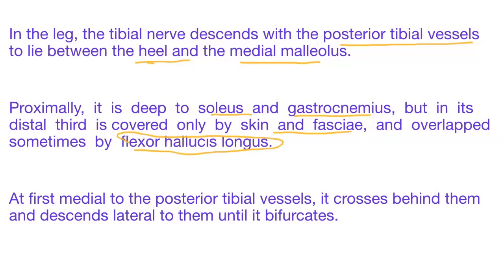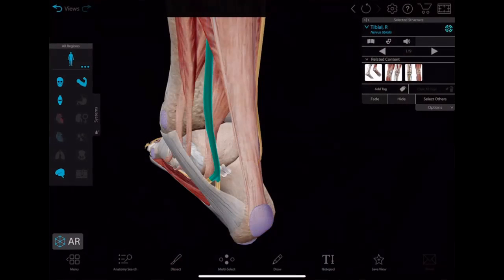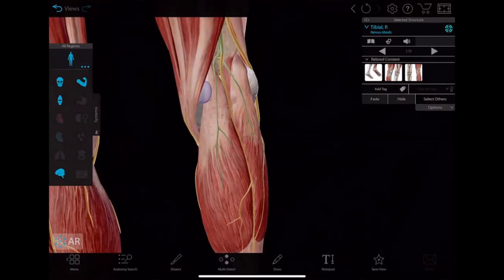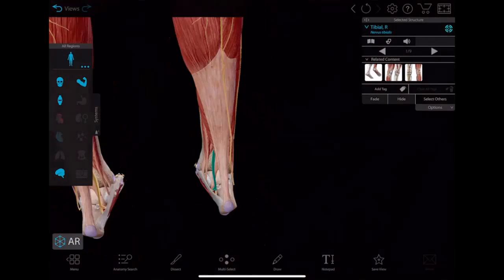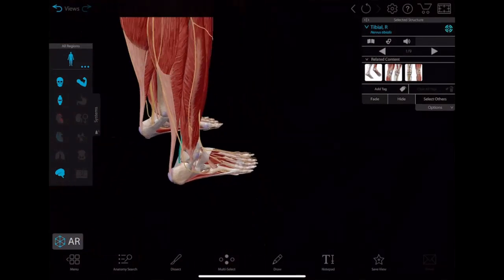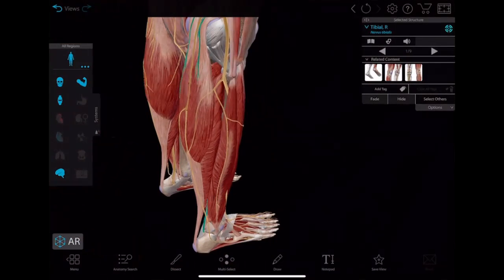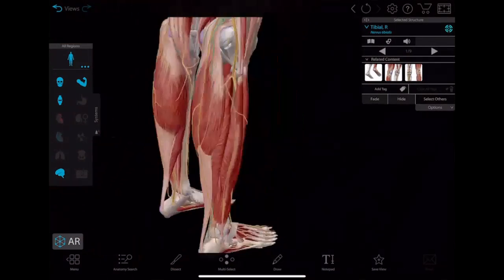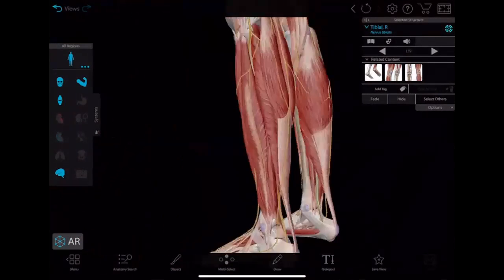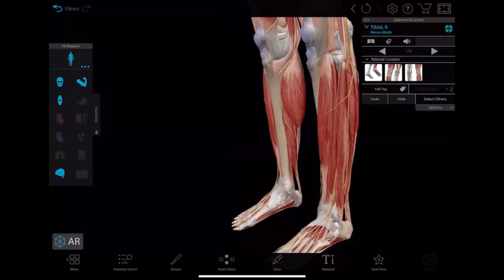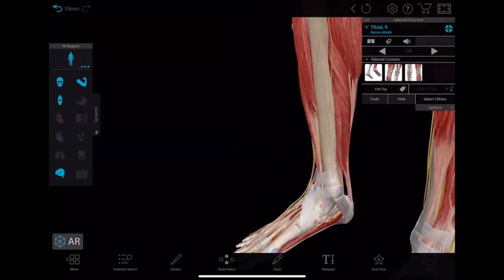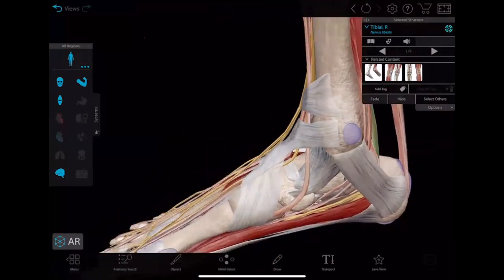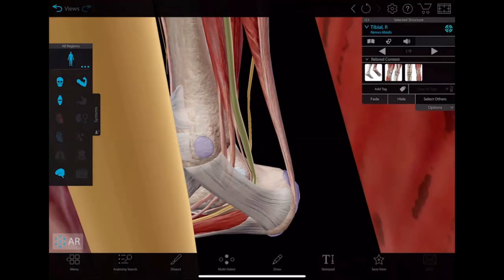So in the proximal part it is covered by gastrocnemius and soleus, right, but in the distal part, you see, it is covered by skin only. You see, that is the distal part.